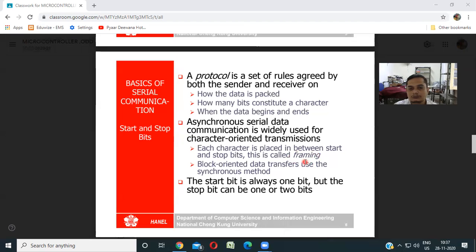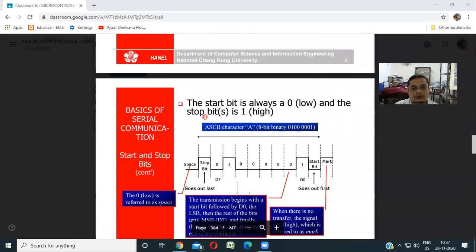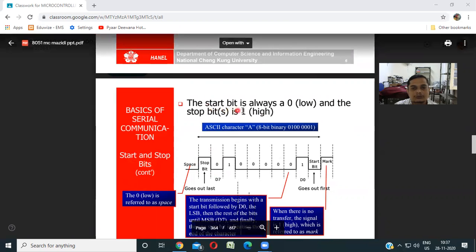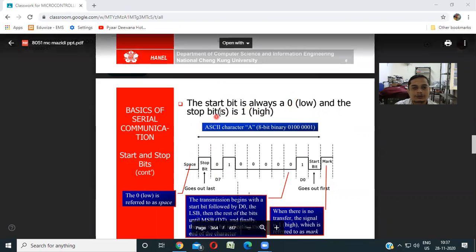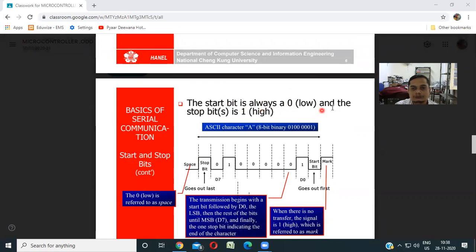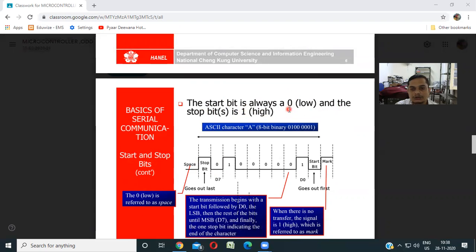These are used to facilitate and increase the efficiency of the data by using some protocol. Here you can see the example, start and stop bits. The start bit is always 0, means a low signal, and the stop bit is 1, a logic high. A 0 is inserted at the start of D0, so the 0 indicates start.